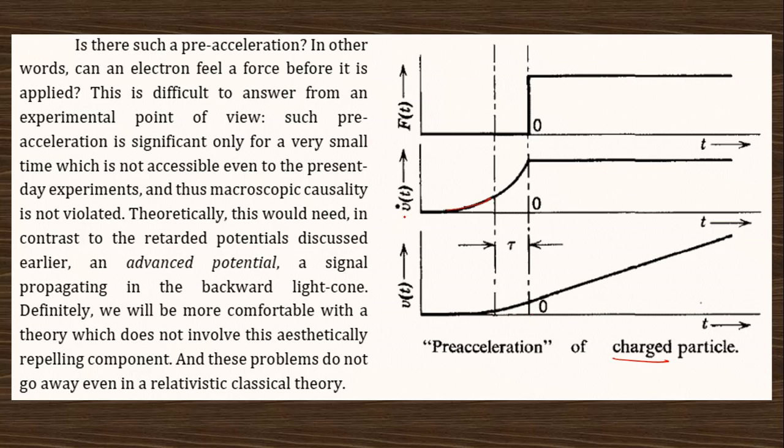This v dot is the acceleration that occurs before the time t equal to 0. This is the pre-acceleration. This concept helps us to solve the problem of this equation.